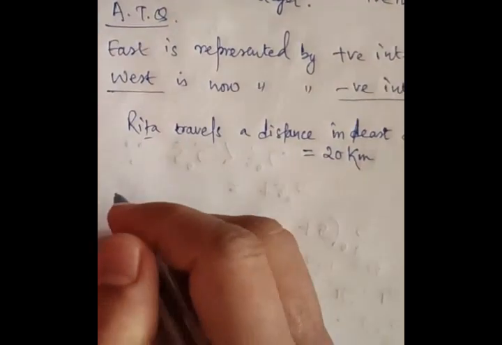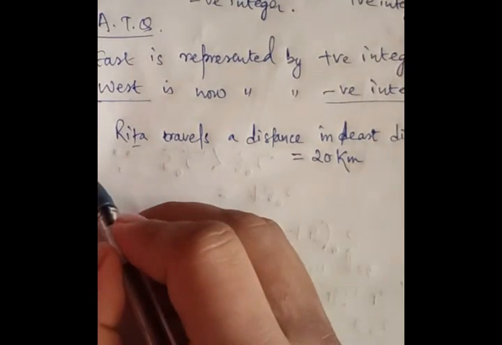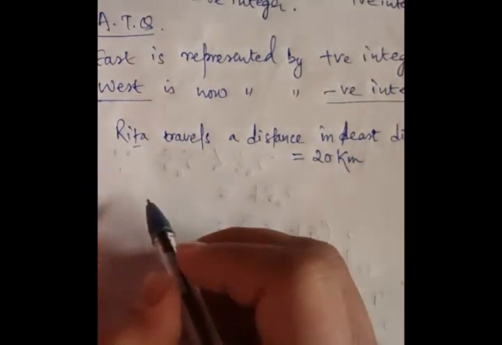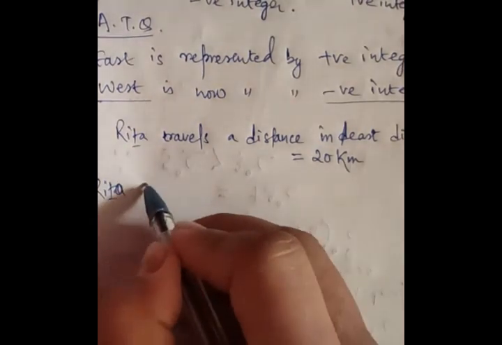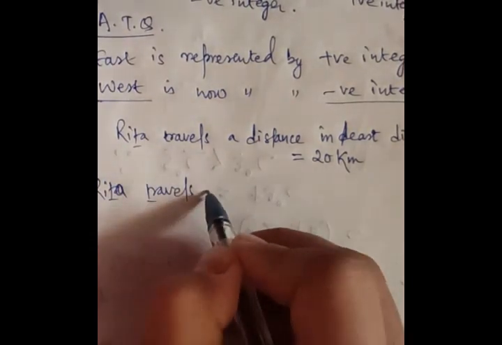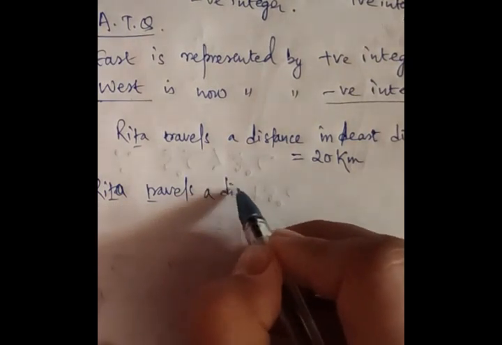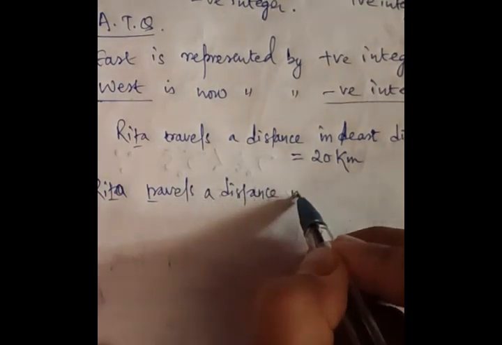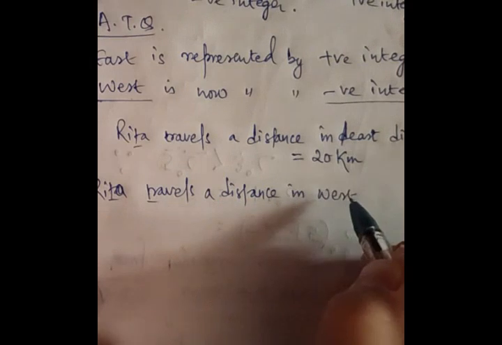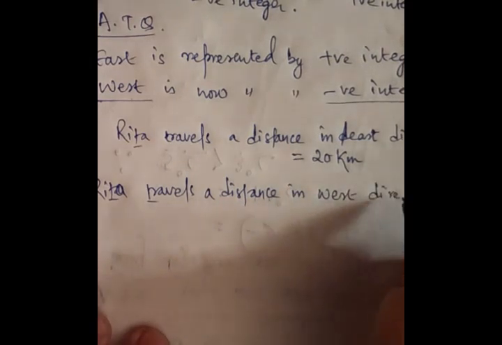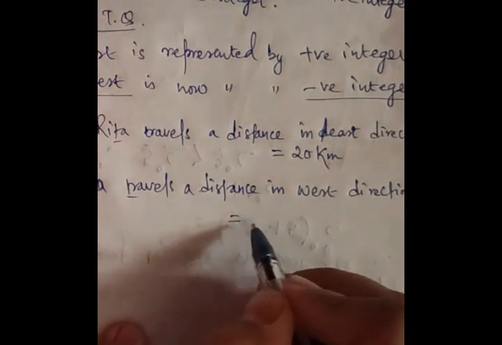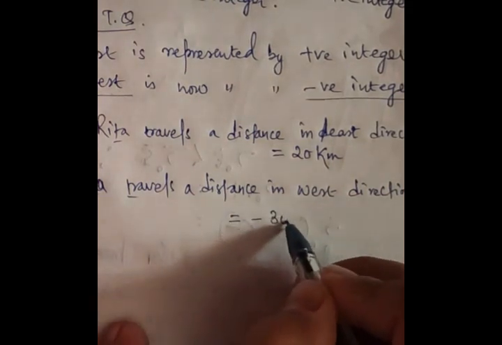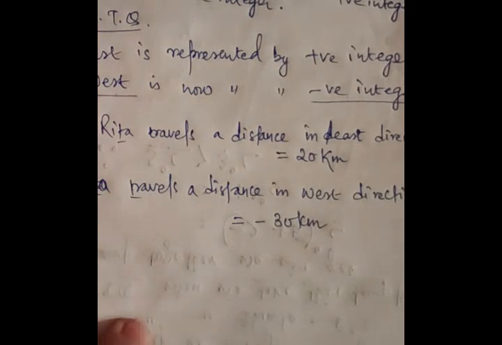Similarly, Rita is moving back to the west again. Rita travels a distance in the west direction, which will be minus 30 kilometer, because west is represented by negative integer.